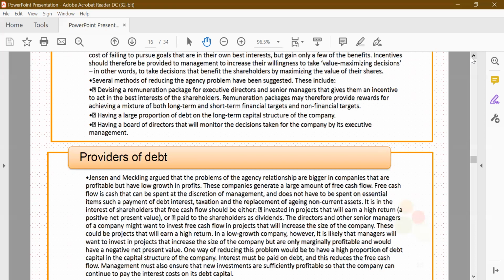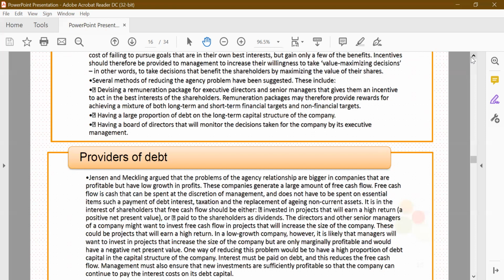Now, one way of reducing this problem would be to have a high proportion of debt capital in the capital structure of the company. This is very interesting. Please pay attention very carefully. When you have profitable companies, sometimes they have a large amount of free cash flow. And when there's a lot of free cash flow, this free cash flow can be spent at the discretion of management.